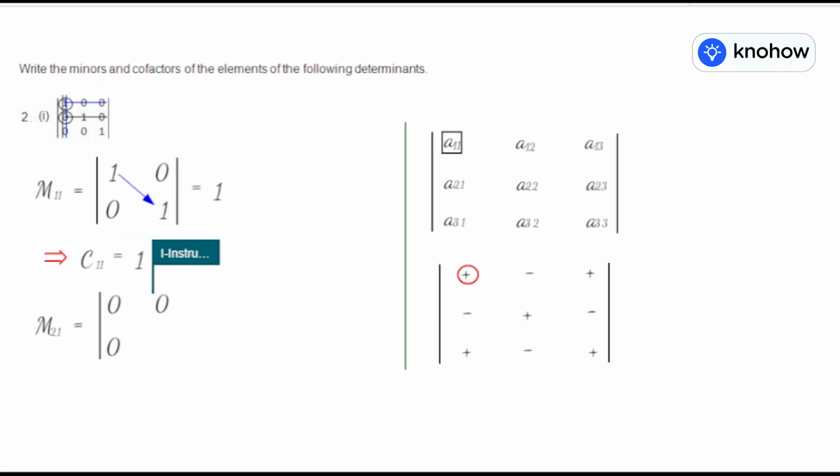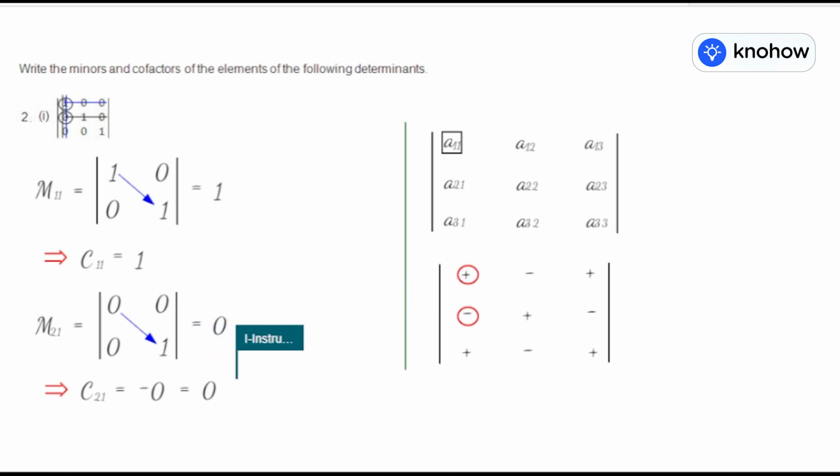And if you work it out, it will be 0 minus 0, 0. And what about the corresponding cofactor, that is C21? Though the sign for C21 is negative, it being 0, it doesn't matter, it will remain 0. And similarly, I leave the rest of the minors and cofactors of the elements for you to try. Now let me take a few from the second part.